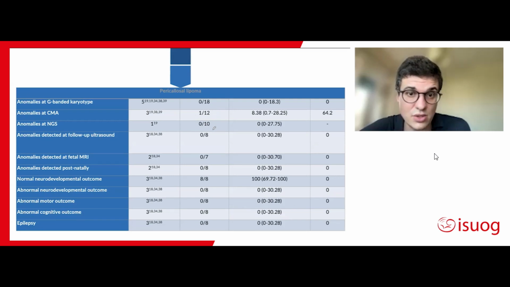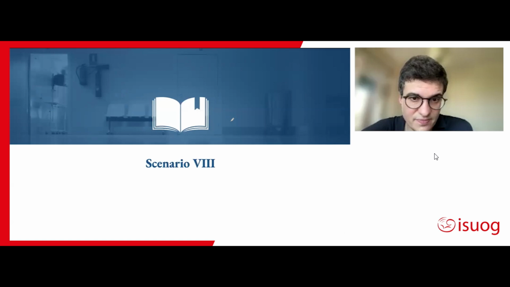So what should we do in this condition? Of course, look for other associated anomalies. Doing an invasive procedure is very questionable because of the very few cases published on this topic. But even so, in case this condition is isolated, the outcome is likely to be good.